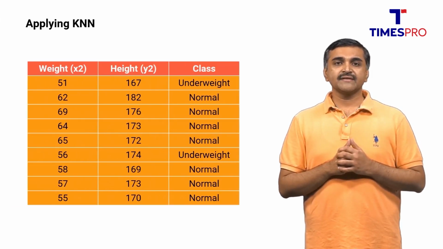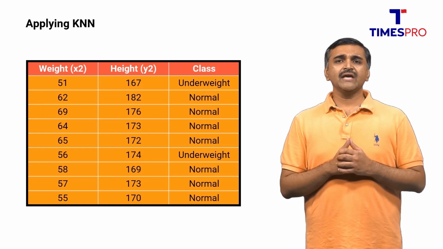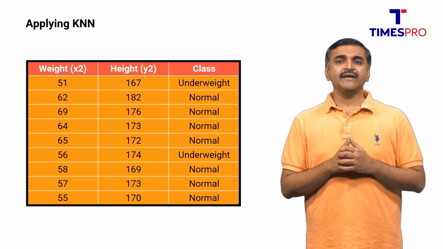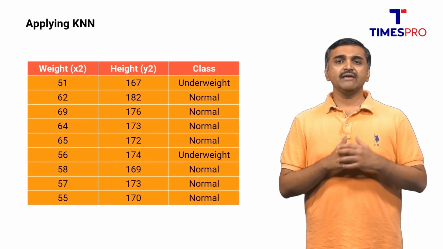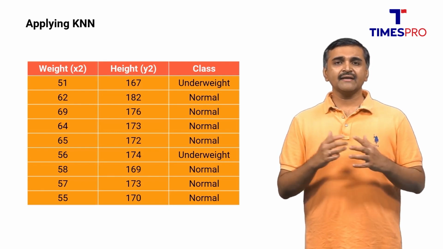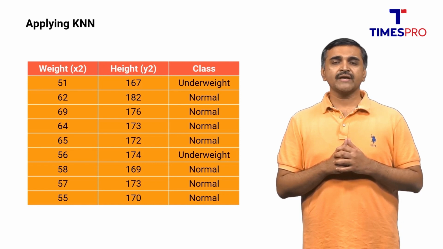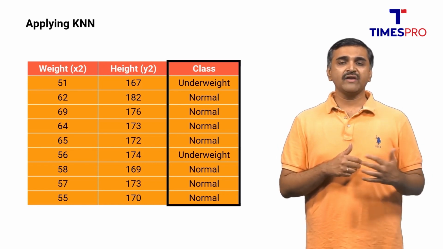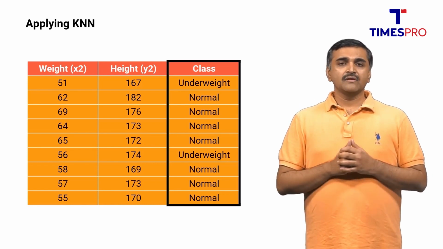Now let's apply the KNN algorithm on a sample dataset. Here we have the observations for different data points about the weight and the height, and the target class is each data point being either underweight or normal.